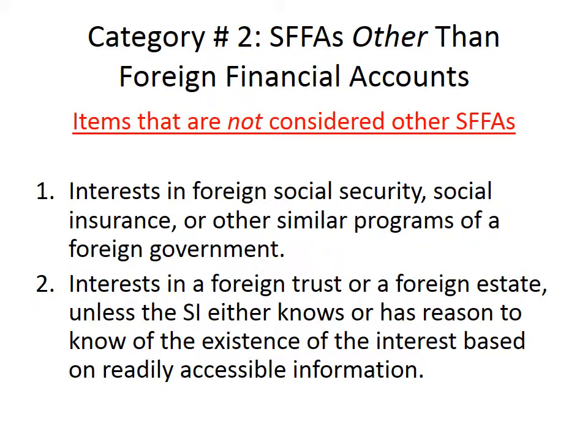But these are not considered other than specified foreign financial assets. Second, interest in a foreign trust or a foreign estate, unless the specified individual either knows or has reason to know of the existence of the interest based on readily accessible information.